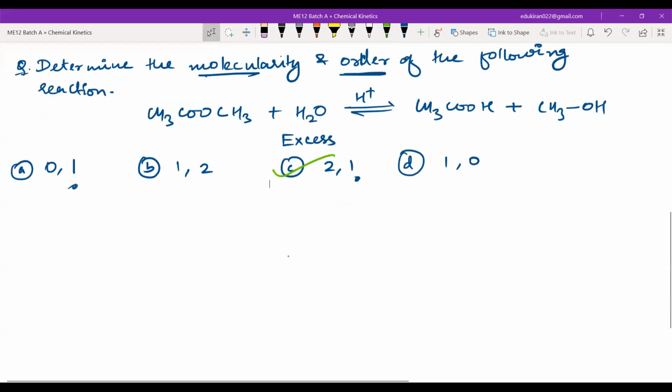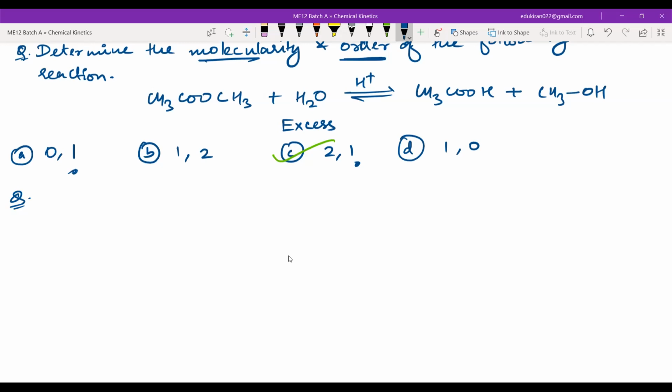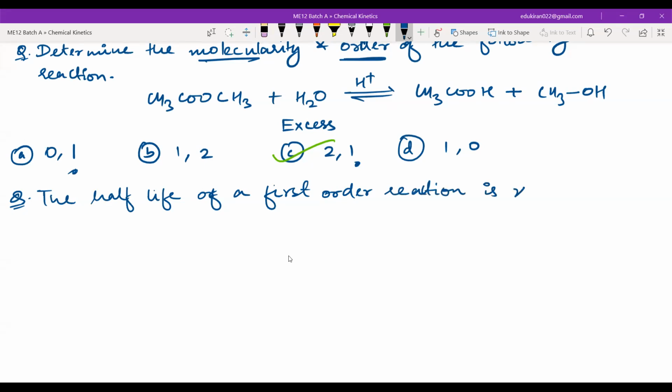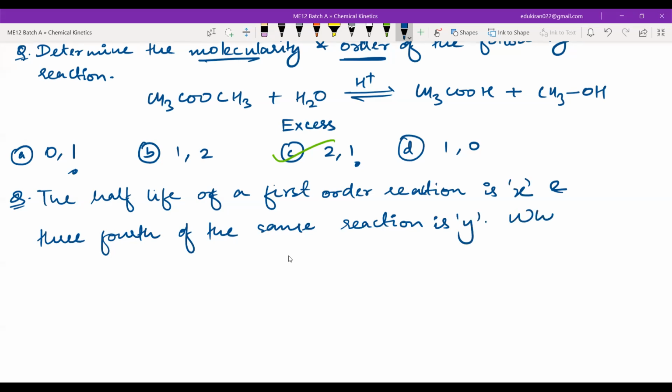Okay, now write another question. The half-life of a first order reaction is X, and 3/4 of the same reaction is Y. What is the relation between X and Y?